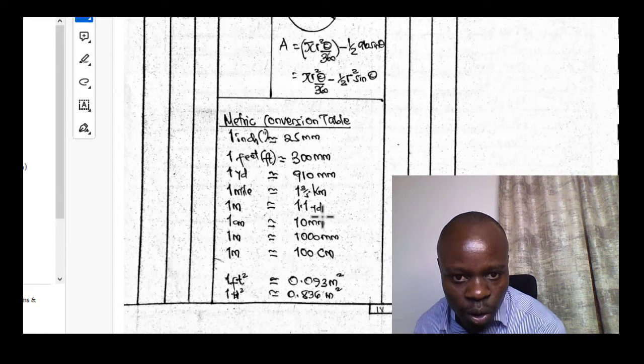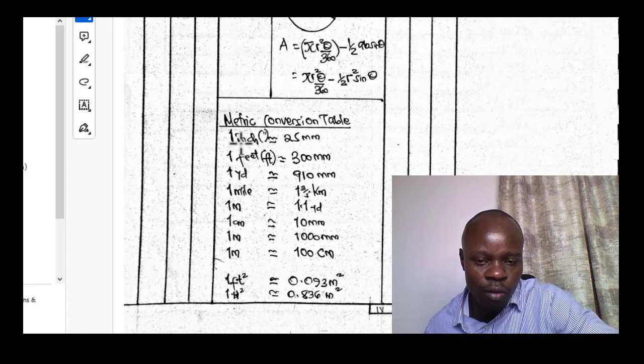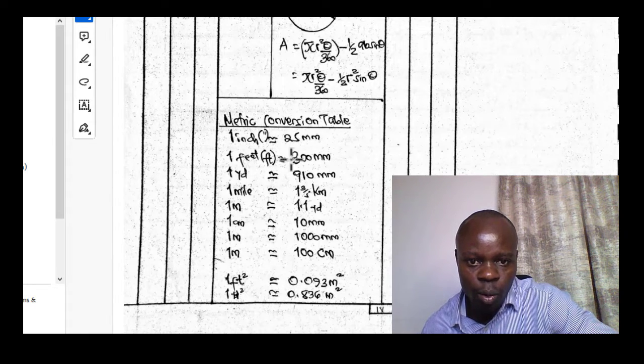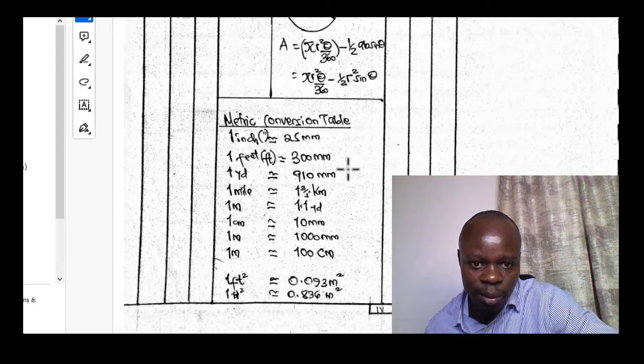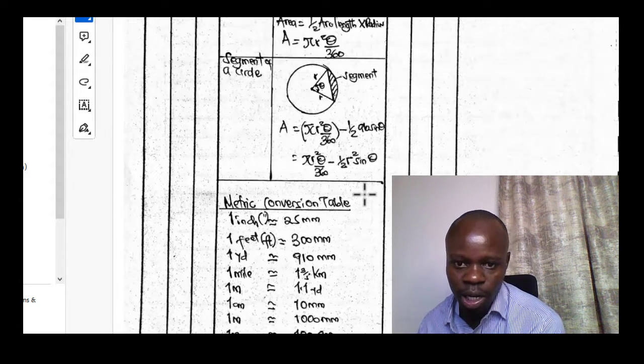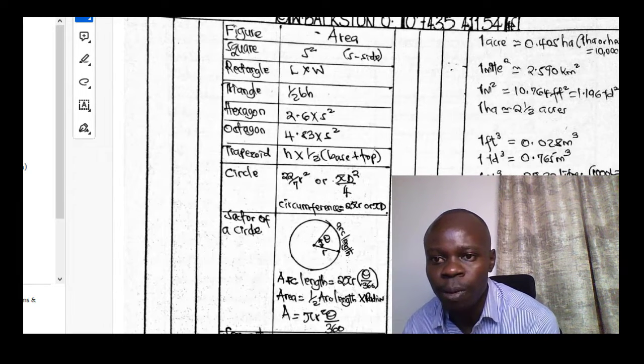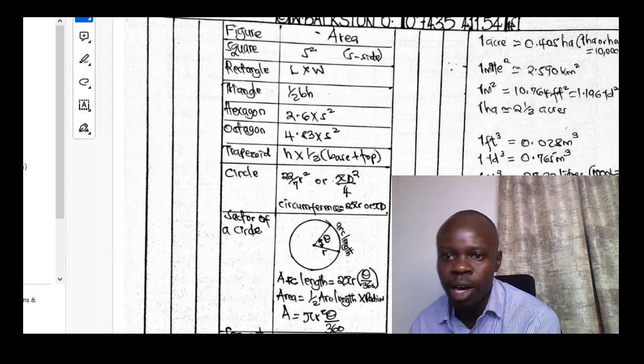Then you also have a units metric conversion table. 1 inch is 25 millimeters, 1 feet 300 millimeters. All these are provided here, and they are quite crucial. If you have them, it's always easier for you to make conversions here and there.